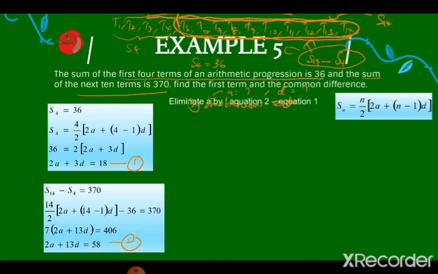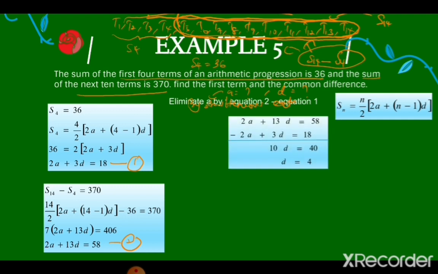Our next step is to eliminate a by subtracting equation 1 from equation 2. You can also use substitution, but since in this case we have the same coefficient for a, I just eliminate a. When we eliminate a, we have 10d equals 40, so the value of d is 4.